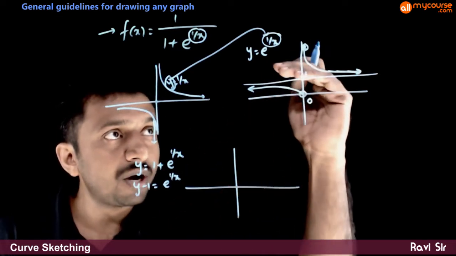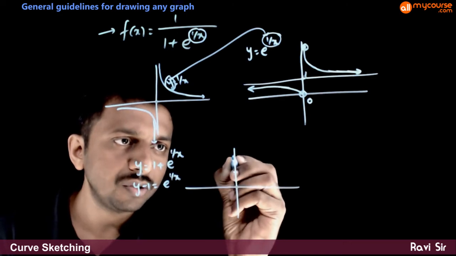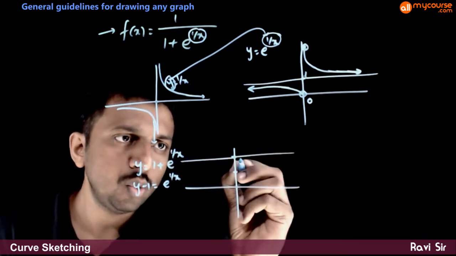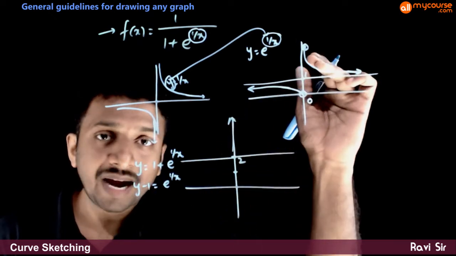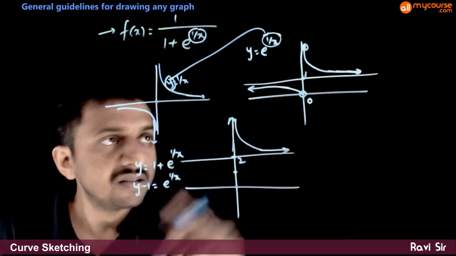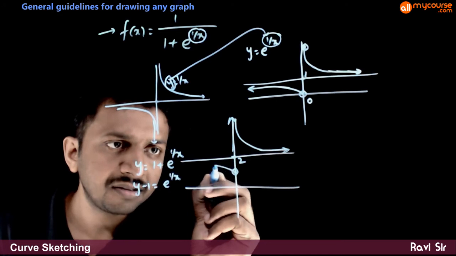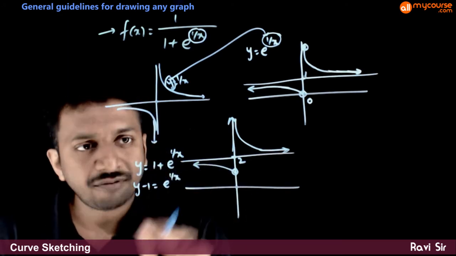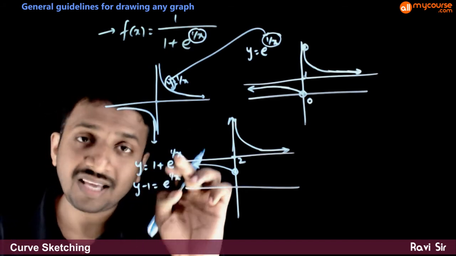So each and every point moves up by 1 unit. The asymptote at 1 now goes to an asymptote at 2. This part moves up, but the shape remains the same. The curve is like this. The hollow dot also moves up. And this is the graph of y is equal to 1 plus e power 1 by x.